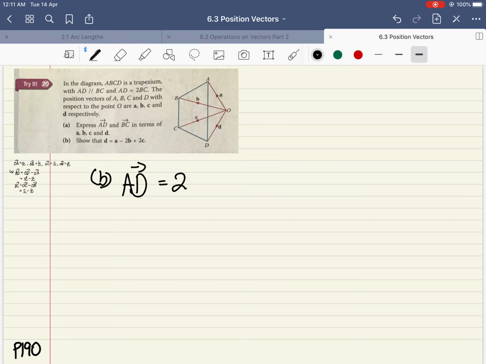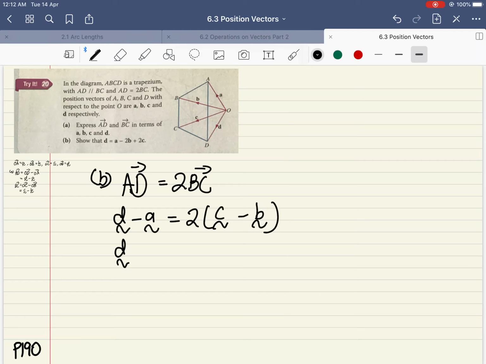So maybe we just start with that first. AD is equal to 2 times BC. What is AD? In part A, I know that AD is D minus A. Similarly, BC, as we found in part A, is equal to vector C minus B.